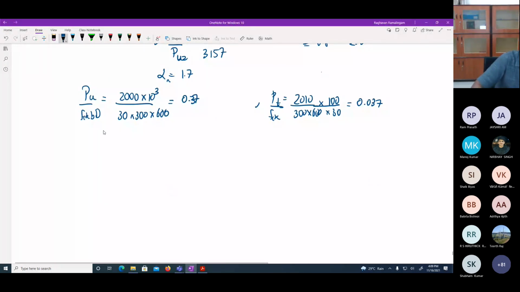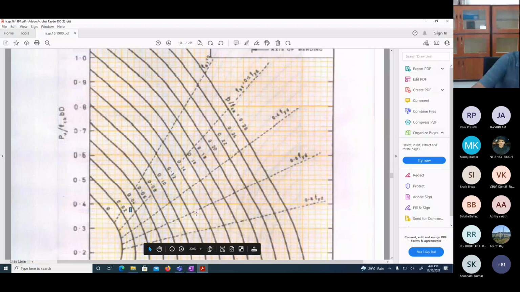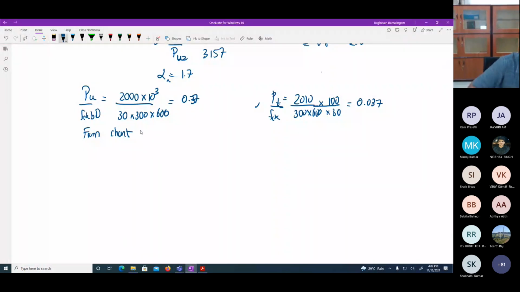So I get, from chart number 48, Mu by fck bD square equals 0.07.